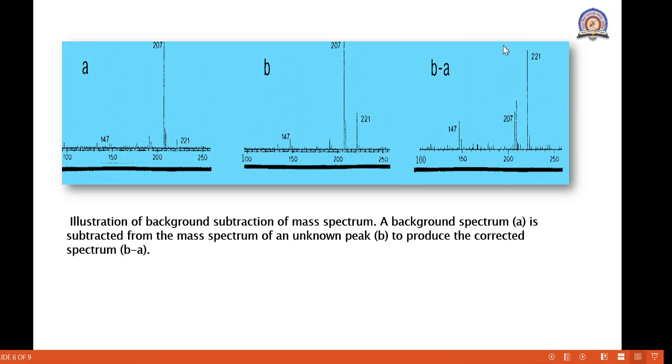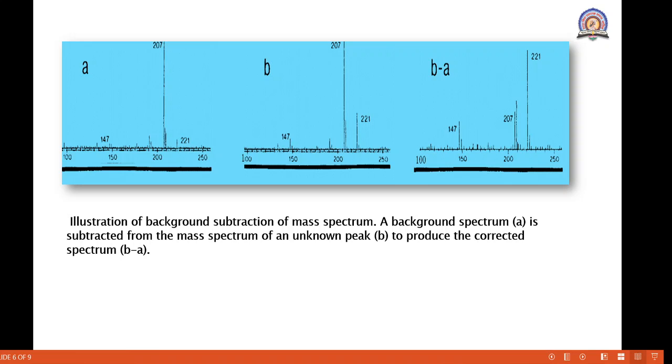The contribution from 207 is still present, but it is not known whether this ion is due to the residual background or is really from the eluting substance. Both possibilities must be examined when interpreting the mass spectrum. The background corrected mass spectrum is sufficient for analysis by a computerized search system.